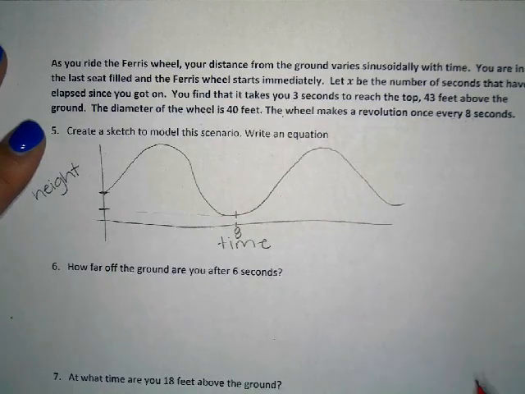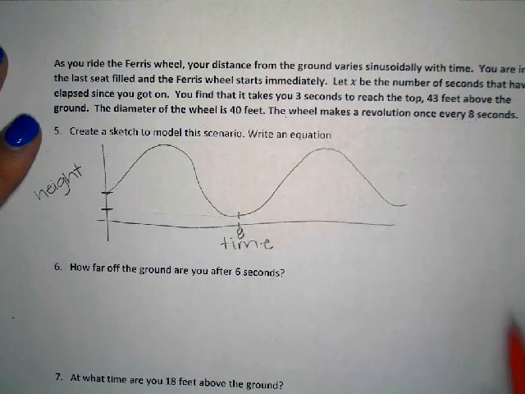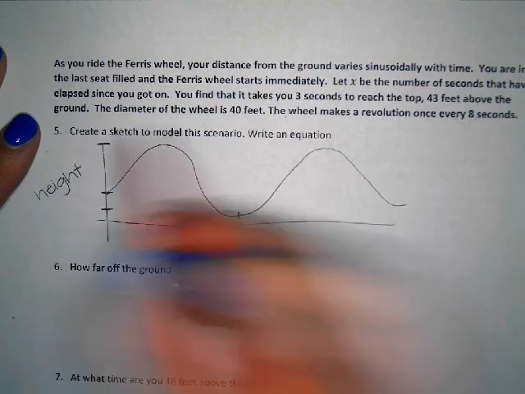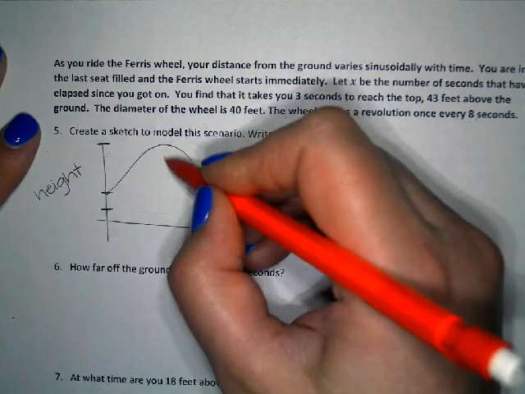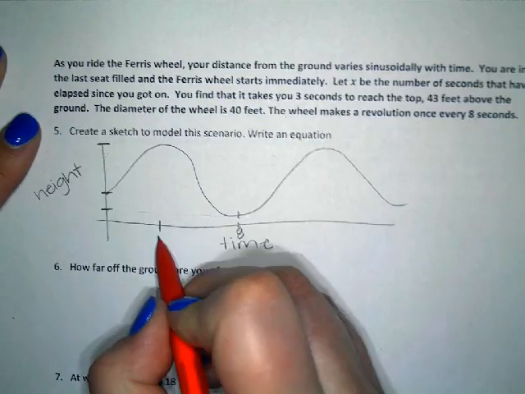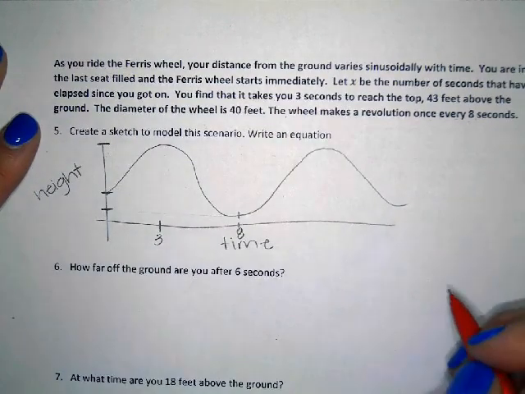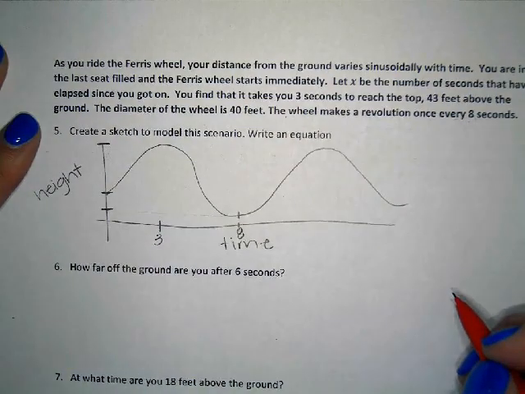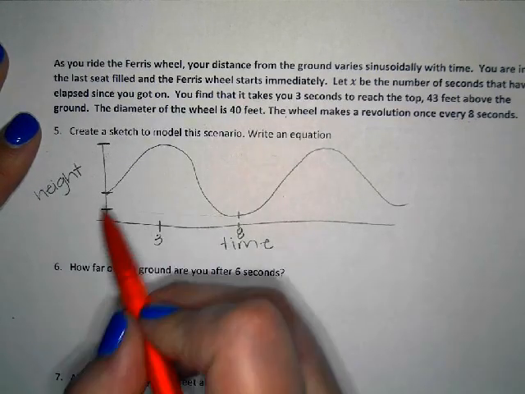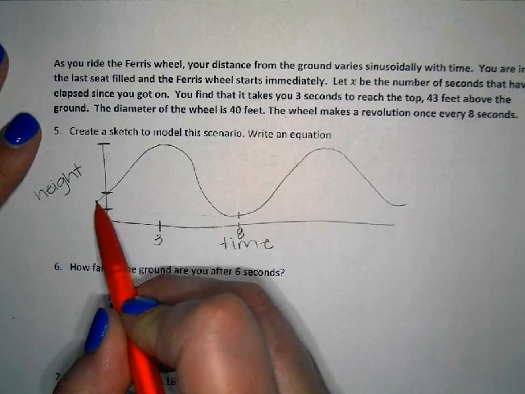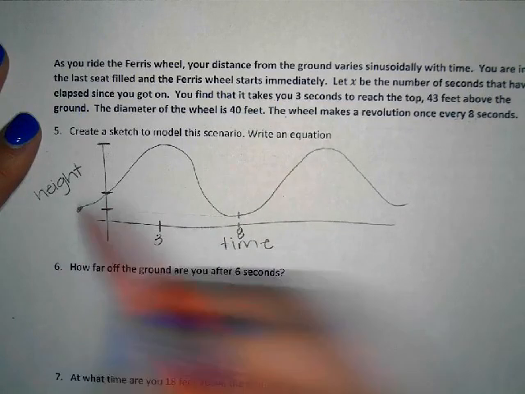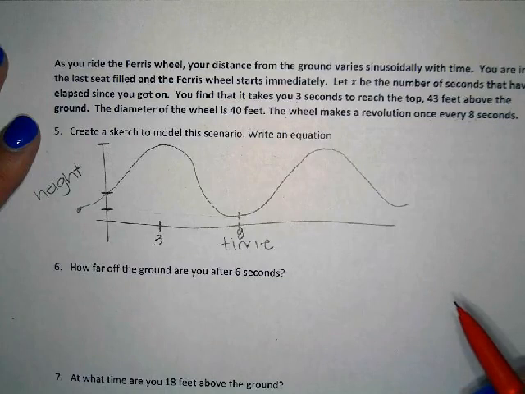Okay, there's the top right there. I know that the top is at 3 seconds. Okay, so what I'm going to do is trace this past here a little bit. There's the bottom of the curve over there. Does that make sense? Okay.